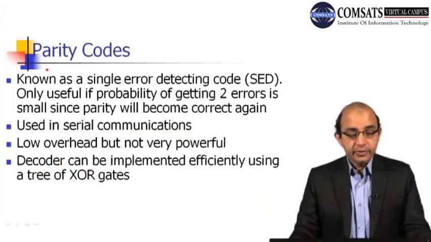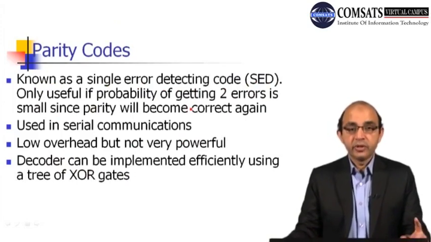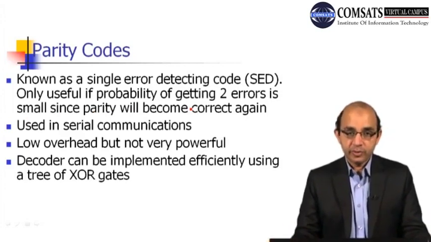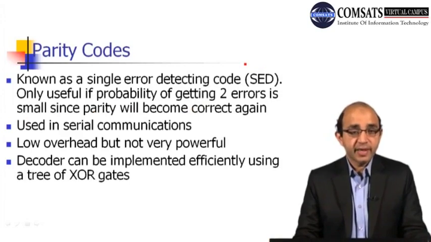Okay, this is known as a single error detecting code. So that's what we have discussed. SED is only useful if the probability is low. So remember, we can calculate the probability of error if this is the case within our system.